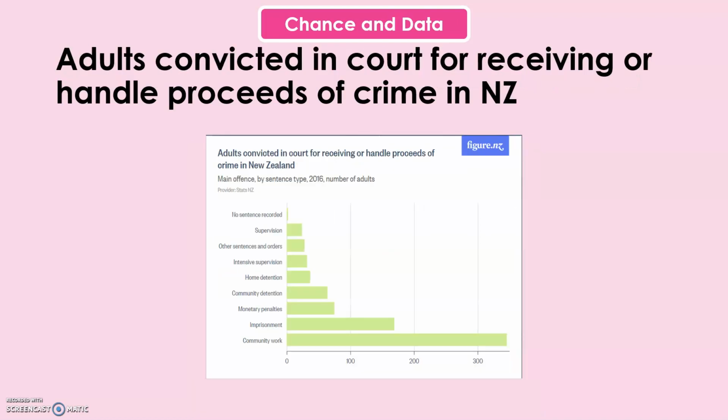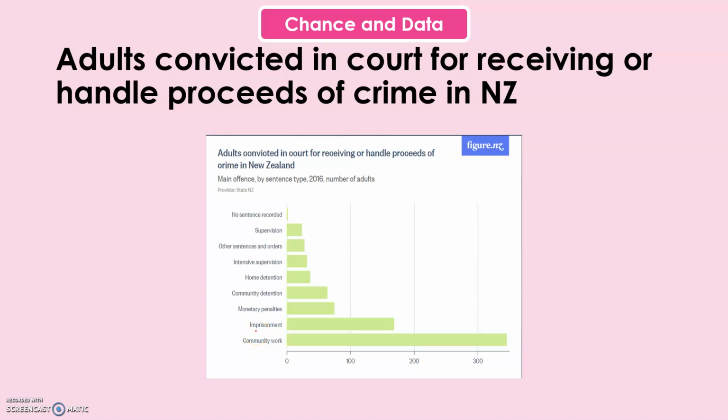This one here is interesting. For adults convicted in court receiving or handling the proceeds of crime in New Zealand, you can see, for people who are convicted, what their sentence is. So you can see most likely is community work, and imprisonment is second.